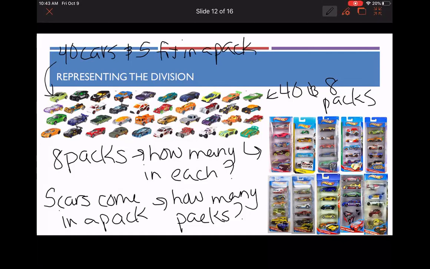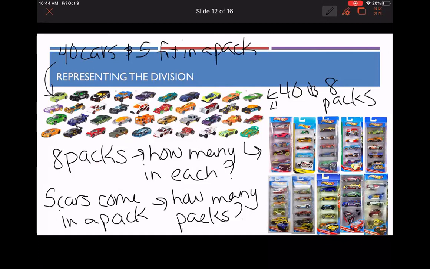And this is where I want you to see this division and how to represent division and how to understand division in these two different ways, right? The pictures look exactly the same, but it's the questions that we ask in the context. So it's more than just the picture. It's our explanation of the picture and how we're seeing the numbers in the picture, right?